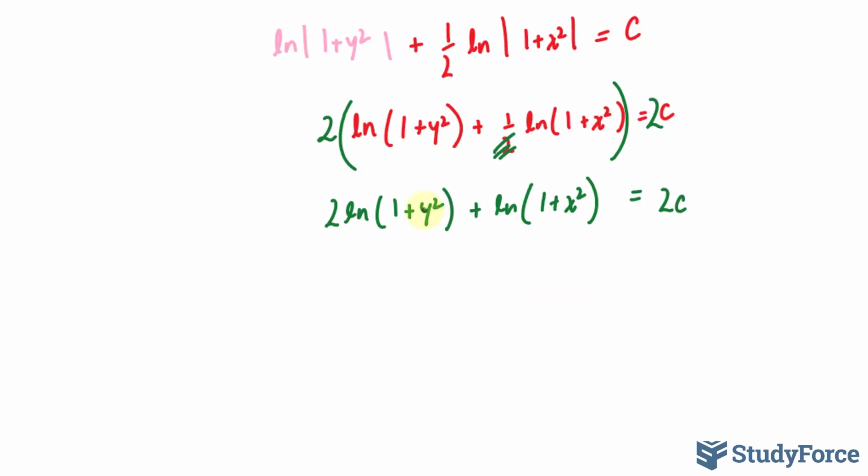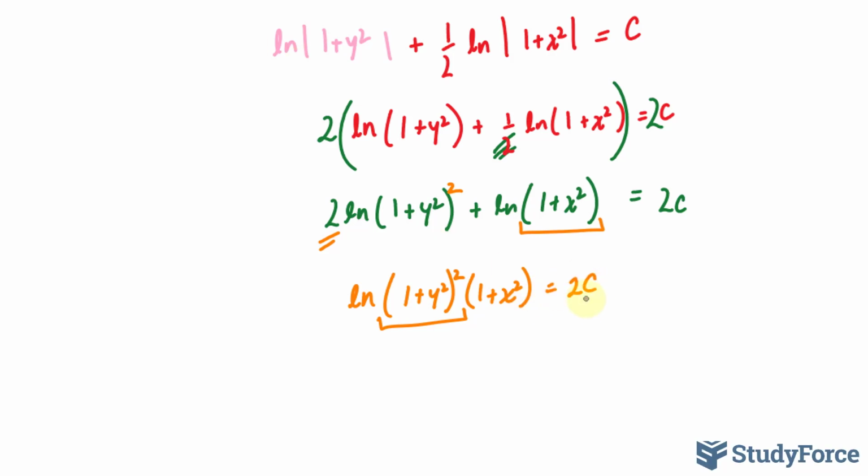And now I can combine these since they're being added, and I can take this leading coefficient of 2 and place it as an exponent. That's one of the rules of logs. You have ln 1 plus y to the power of 2, all squared. And since it's being added to this other ln, we can technically multiply this by this. So I'll just put it right beside it without writing that ln anymore, is equal to 2c.